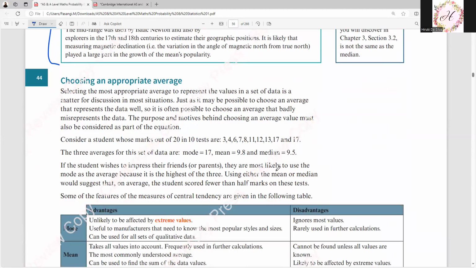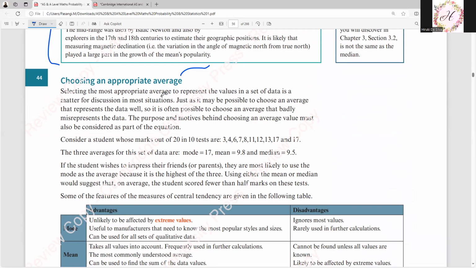For averages, as I already told you, we have three types of values: mode, mean and median. According to the context and the scenario given in the problem, we should choose the best average, the best value to represent the data.